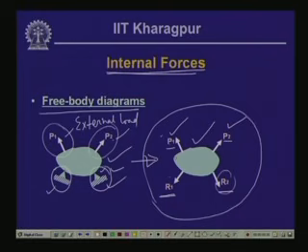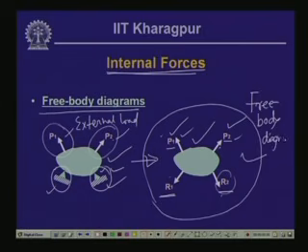But when we make the body free from these supports and represent it using the active forces and the reactive forces, this particular diagram we call a free body diagram. So, this is the free body diagram of the structure as a whole. That means we have freed this structure from its supporting constraints and applied the reactive forces there.